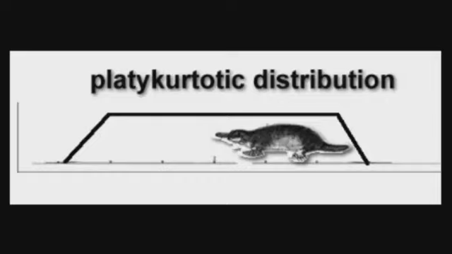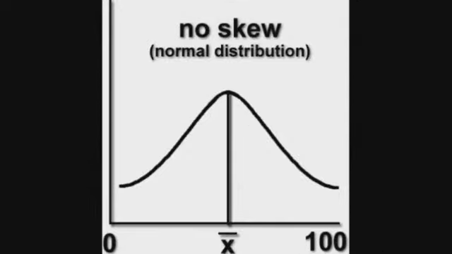Well, so this is basically what they would look like. So we could use the normal distribution curve to show no skew, but then the skewness denotes whether the mean of your graph is too far to the left or too far to the right.